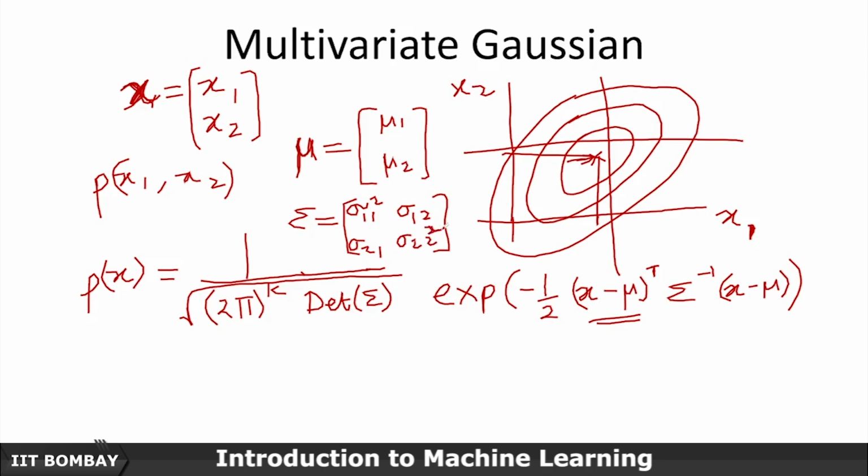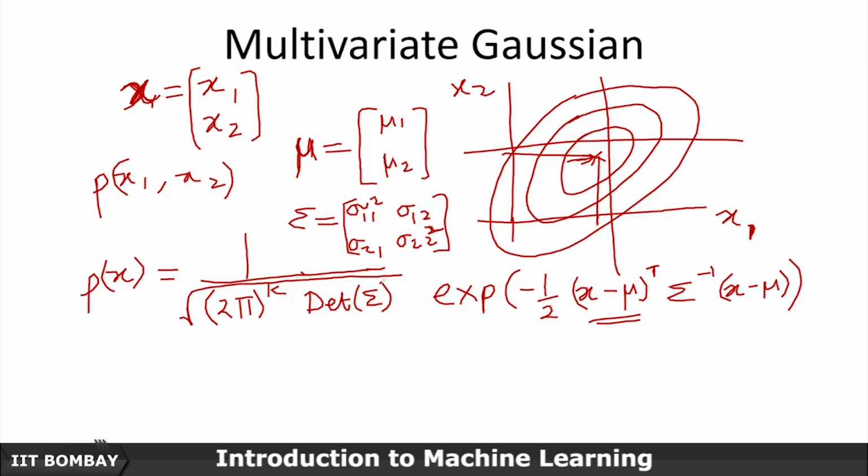So, what is sigma 1 1, sigma 1 2, sigma 2 1 and sigma 2 square? First of all it's a symmetric matrix, which means that sigma 1 2 and sigma 2 1 are the same. These are expected values of, this is basically a cross correlation matrix. So the diagonal elements are the variance of a single variable, whereas the off diagonal terms are covariance of pairwise variables.